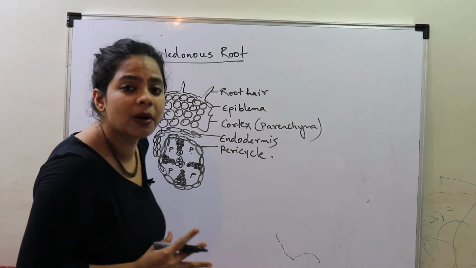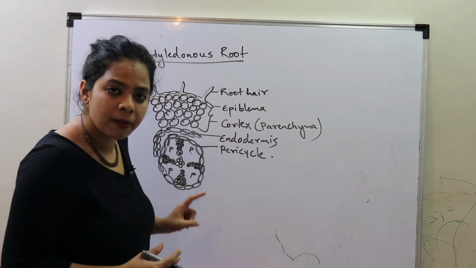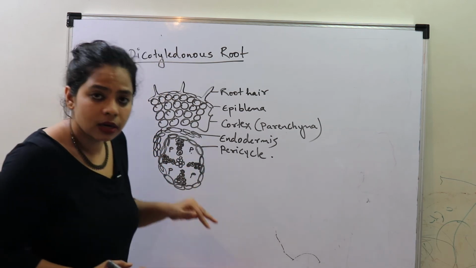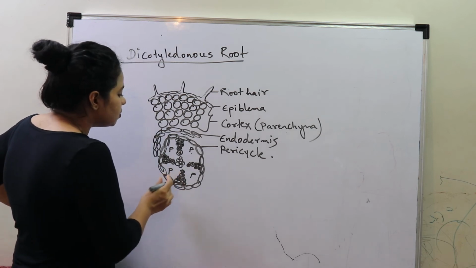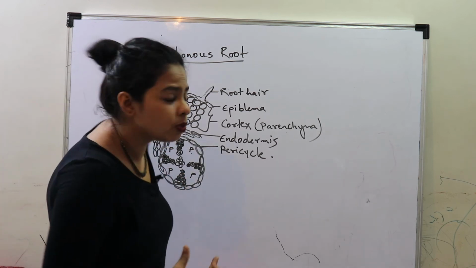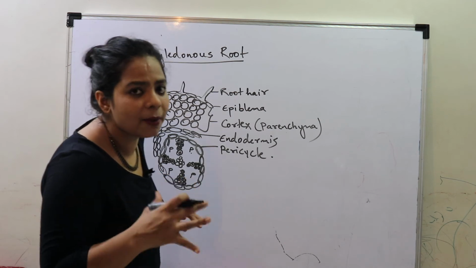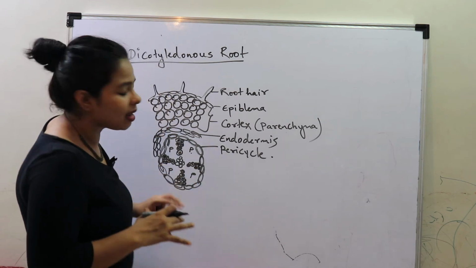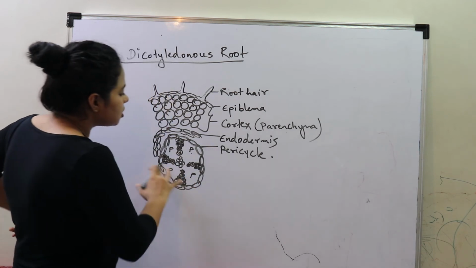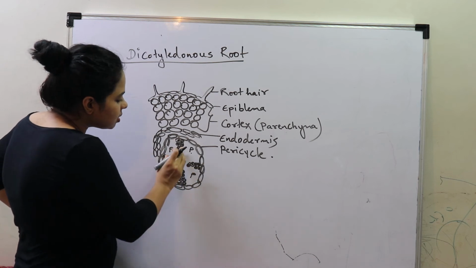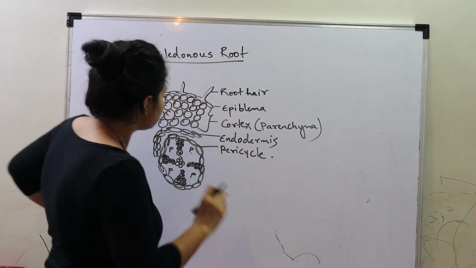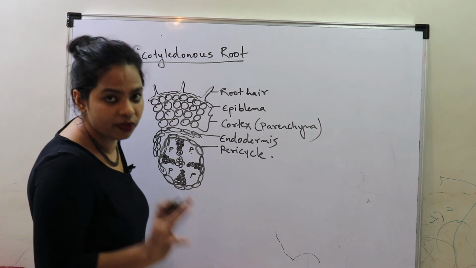So there are 4 bundles of xylem and phloem present alternately here, and there is conjunctive tissue. This is parenchymatous tissue which joins xylem and phloem. In this way, this is your vascular bundle, consisting of xylem and phloem.